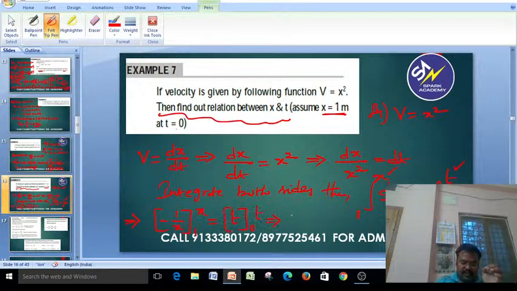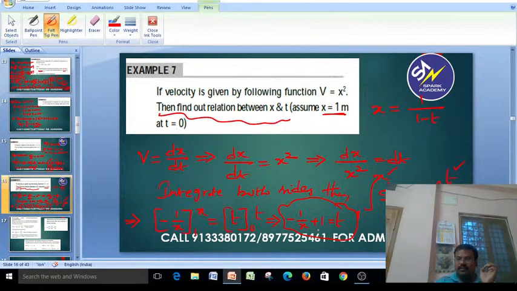When you substitute the upper limit minus the lower limit, you get minus 1 by x plus 1 is equal to t. When you solve this equation, finally you will get x is equal to 1 by 1 minus t.